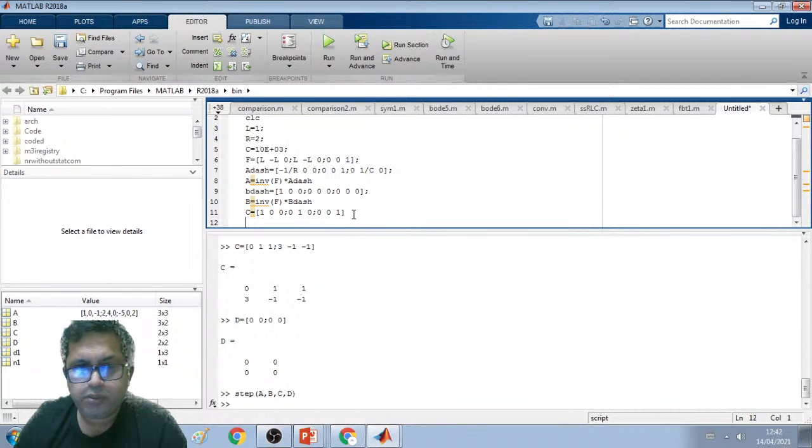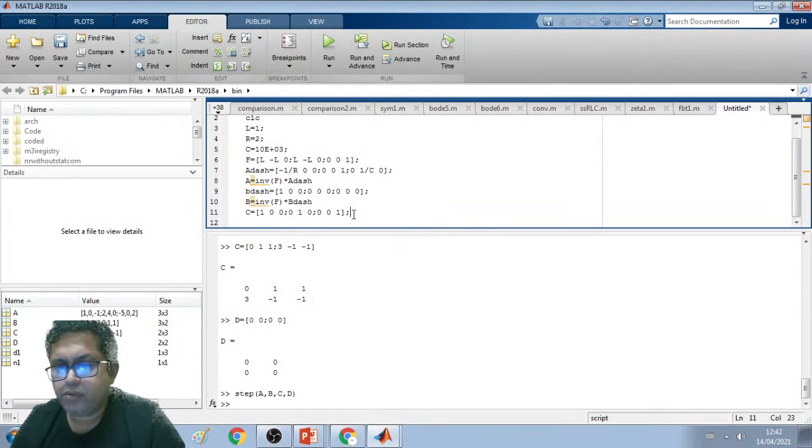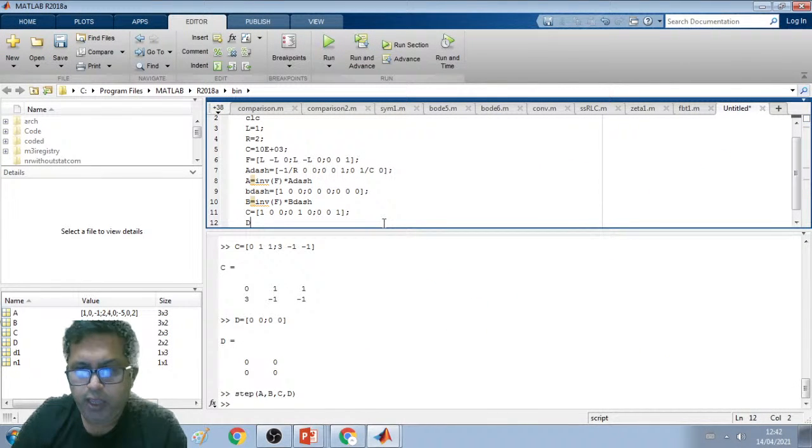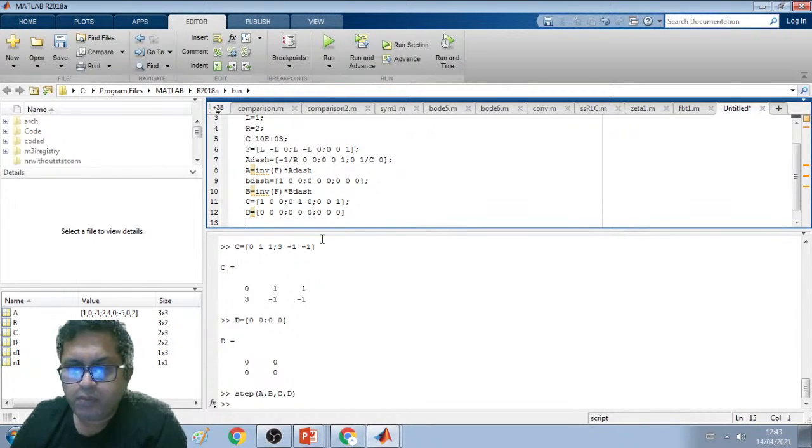This is the C matrix. After the C matrix, what we'll get is the D matrix. D is equal to 0 0 0 semicolon 0 0 0 semicolon 0 0 0. A dash, A, B dash, B. Okay, A B C D matrix we have got.